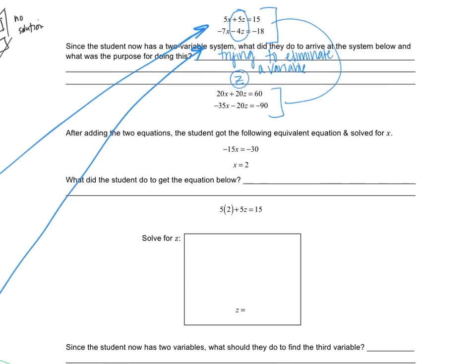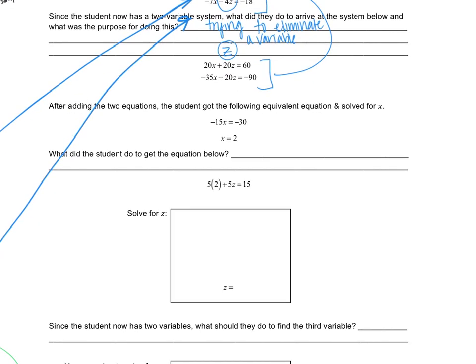So you can see that after adding those two equations together, the x's will add and make negative 15x. The z's will be eliminated. And then the 60 and negative 90 make negative 30. And so if we divide both sides here by that negative 15, we end up with x equals 2. And so they're just trying to finish solving the equation.